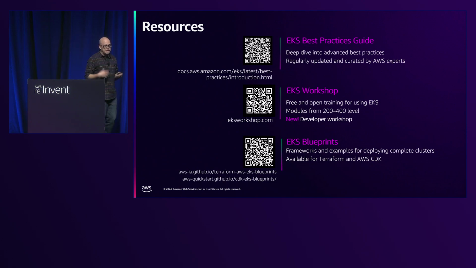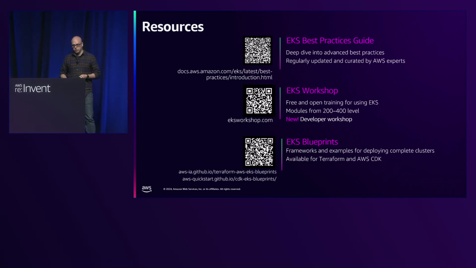Finally, a few resources, as we mentioned throughout the talk. We have an EKS best practices guide. This is on the AWS documentation. There's a QR code here, so you can really read more about these best practices that we've mentioned here, as well as just Kubernetes specific ones that aren't specific to AWS or EKS, but just Kubernetes in general. We have the EKS workshop, which is a great guided tour if you're new to Kubernetes, new to EKS, and you want to learn how to create an EKS cluster.